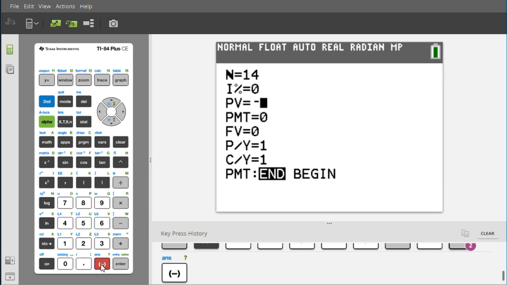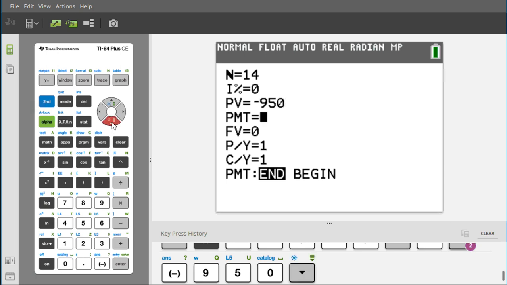I go down here to answer, and I enter negative $950. I arrow down. PMT is the payments, but there are no regular payments being made. So I'll leave that as 0. The final value is 1300. I'll type in 1300.